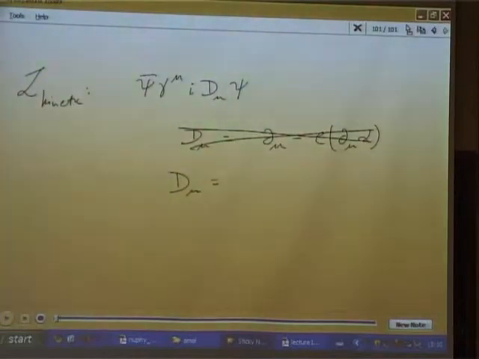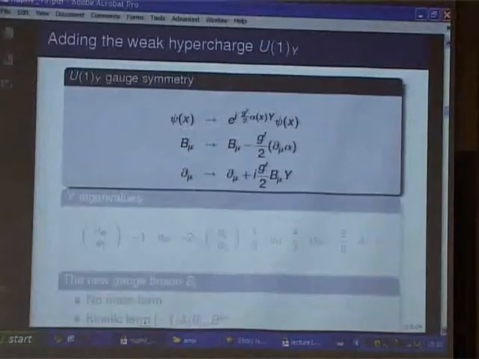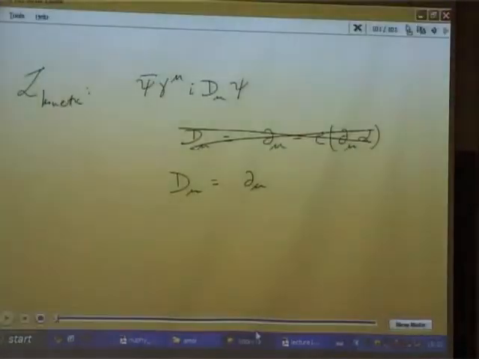So D mu is del mu plus i e times A mu times Q, which is usually minus i e A mu for the electron and plus i e A mu for the positron.